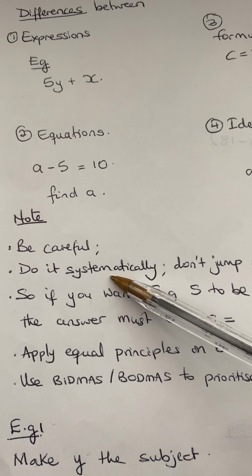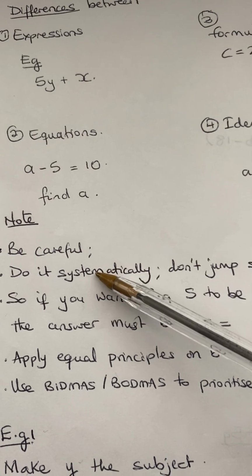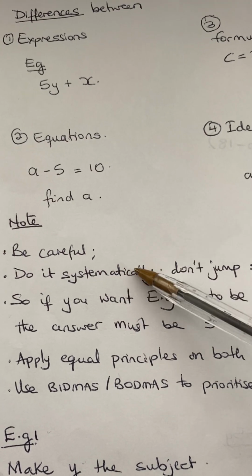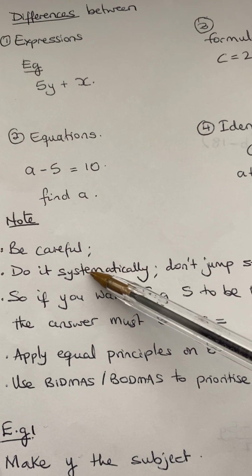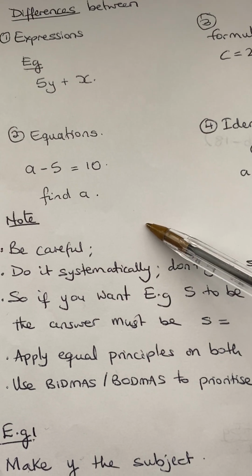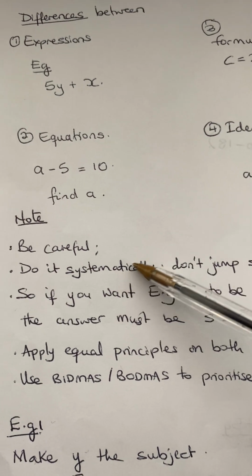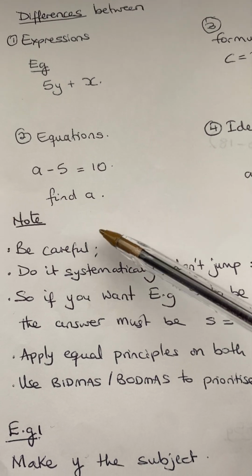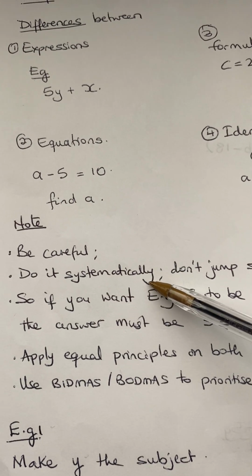In the classroom, it's okay. At home, it's okay. But under exam conditions, it can be frustrating. So you might end up leaving the question, or maybe redoing it again, which will cost you some time. So be careful. Do it systematically.